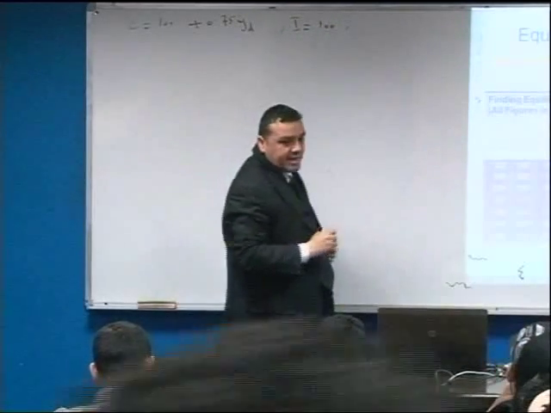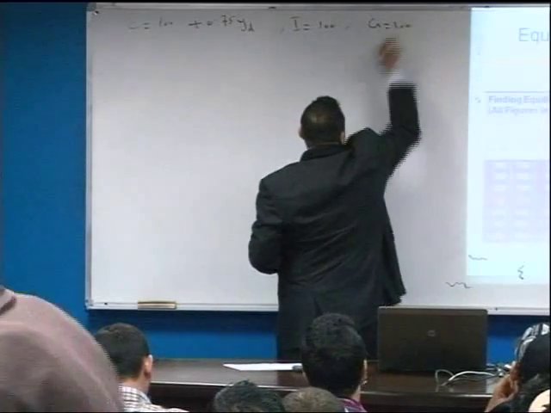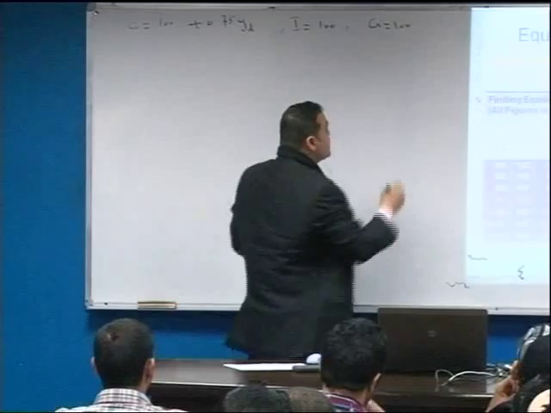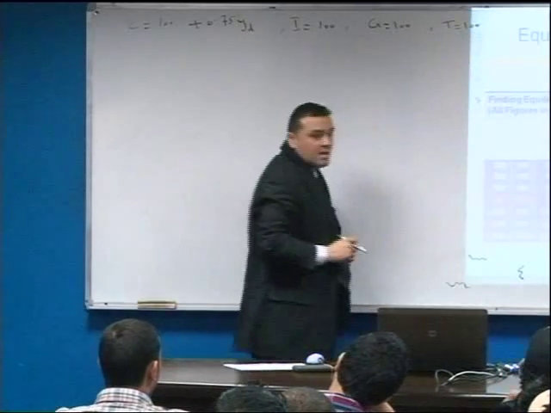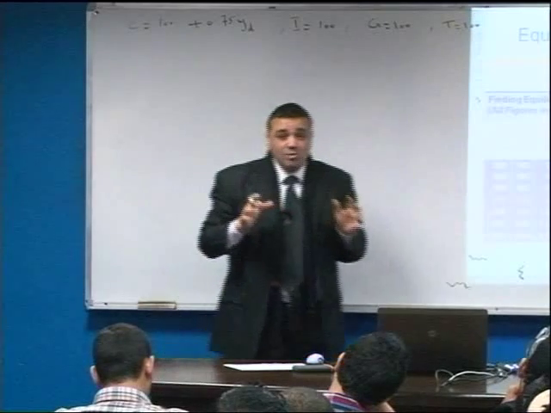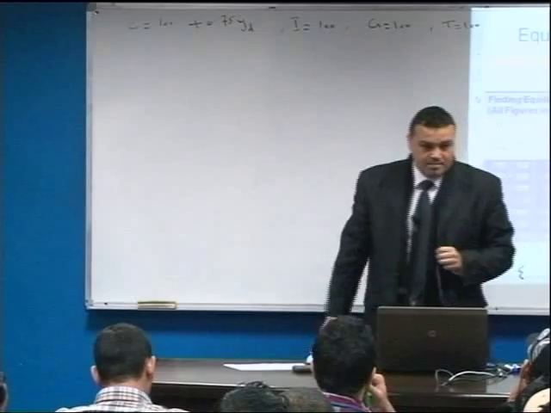The government spending equals 100 as well. What else? The taxes equal 100. The question is, calculate the equilibrium level of income.